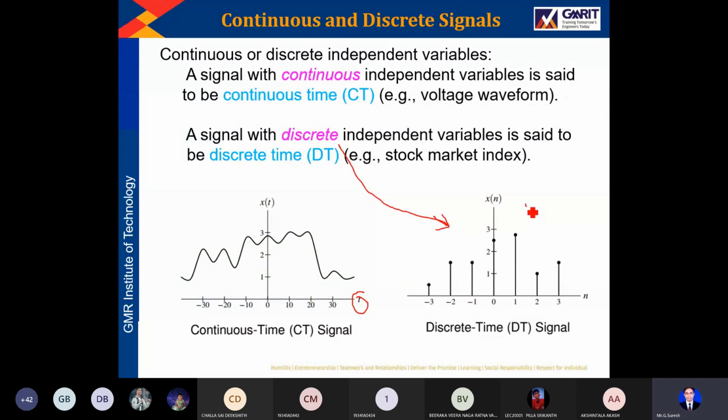Only 7 finite number of instants. And these instants are defined at -3, -2, -1, possibly integer values. Then such a signal is said to be discrete in nature, or more precisely a discrete time signal.